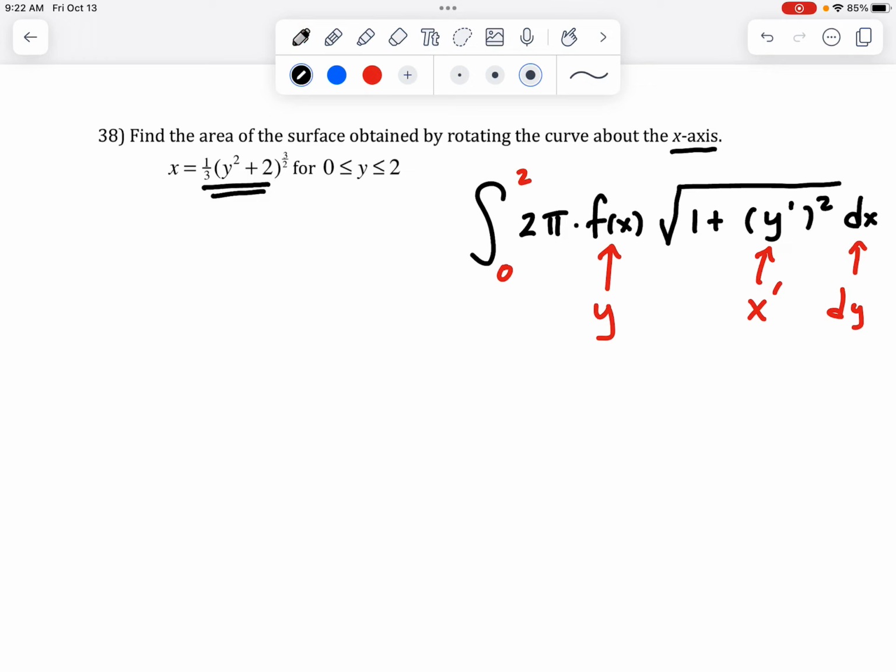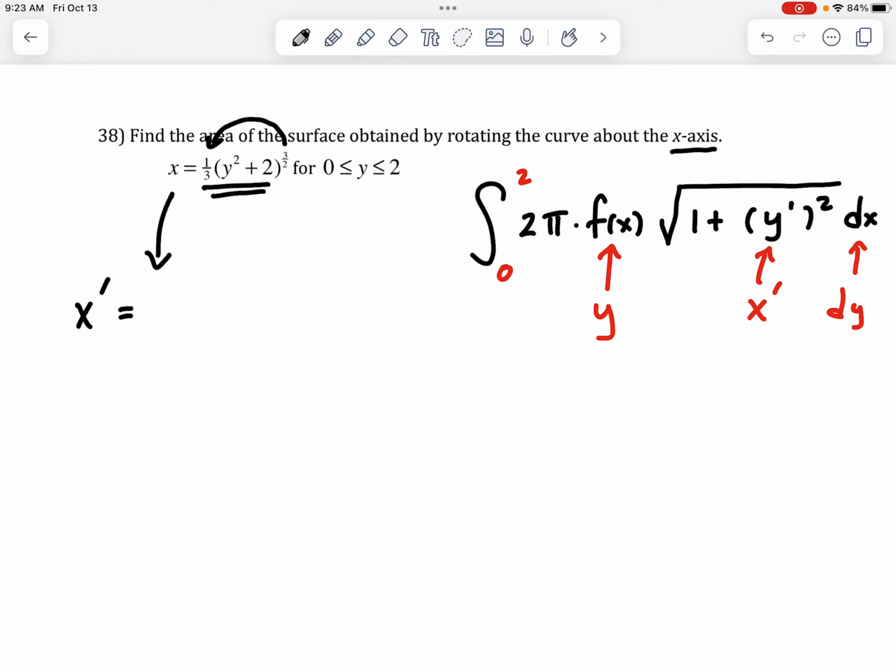Okay, so instead of y prime, we need x prime. So take the derivative. So dx/dy, or x prime, will equal... take the 3/2, bring it in front and multiply. So there's going to be a 1/3 times 3/2. For now, the inside part stays y squared plus 2.